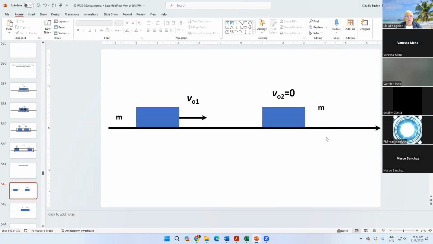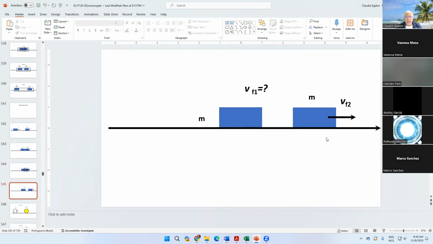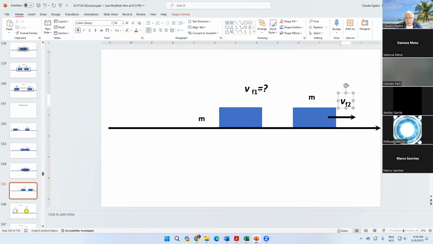Okay, object number 2 is at rest. Object number 1 is moving towards it. Object number 1 comes in contact with object number 2, applies a force to the right on object 2, and object 2 applies a force to the left on object 1. Then what's going to happen to the final velocity of 1 and the final velocity of 2? I want you to find out their final velocities.